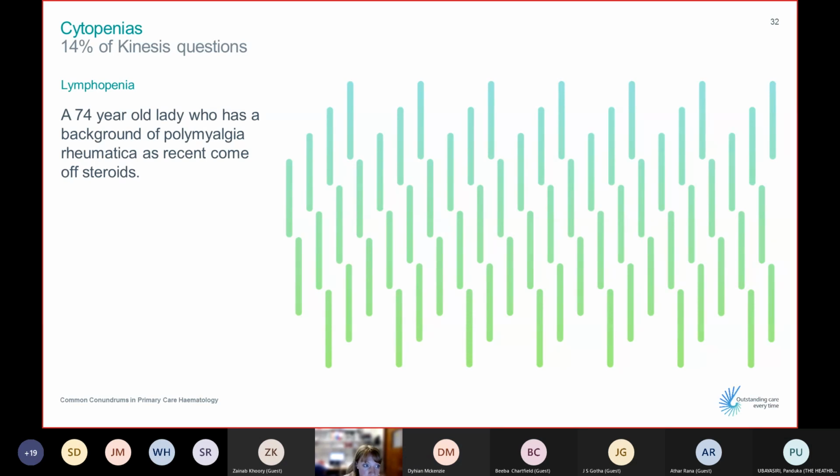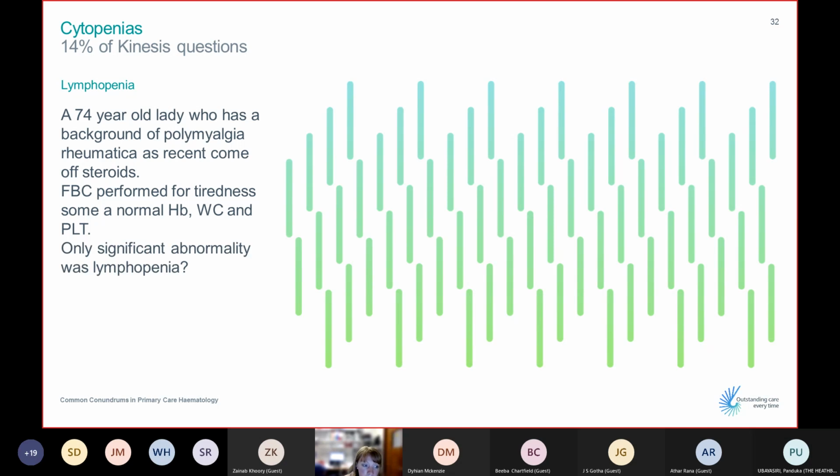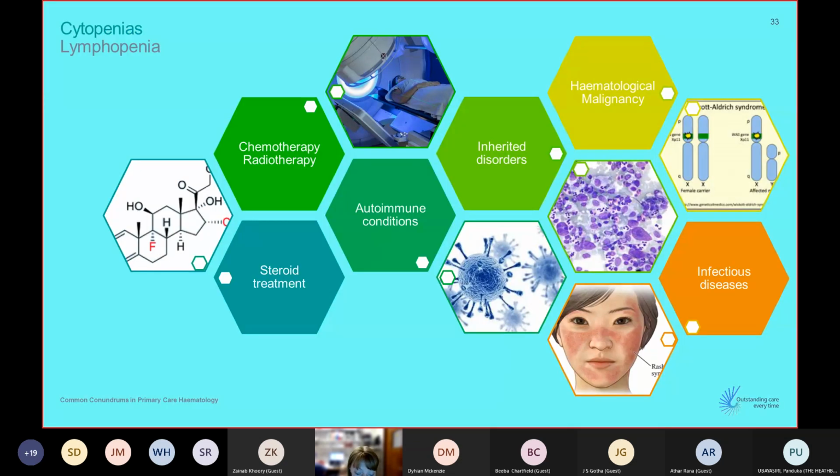Lymphopenias. We have a 74-year-old lady who has a background of polymyalgia rheumatica and has recently come off steroids. She had a full blood count because she was feeling tired that showed a normal hemoglobin, white cell count and platelet. The only significant abnormality was she was lymphopenic. Lymphopenia is very common and most often reactive, and one of the most common causes is again medications and particularly steroid treatment.